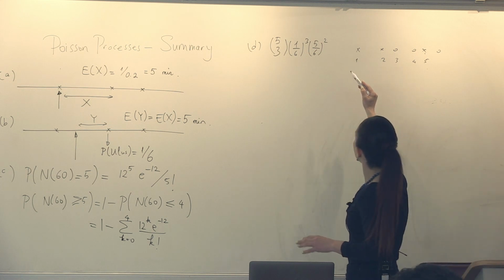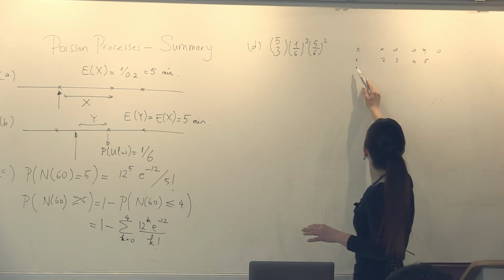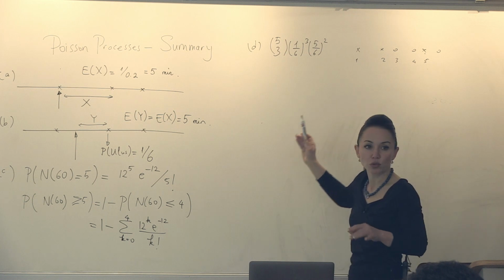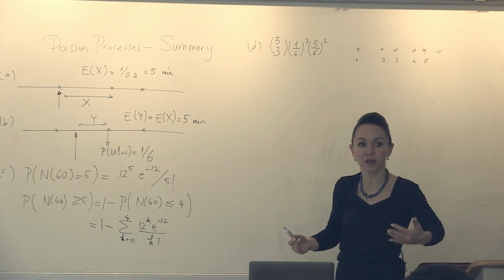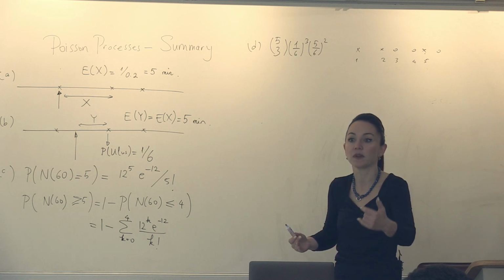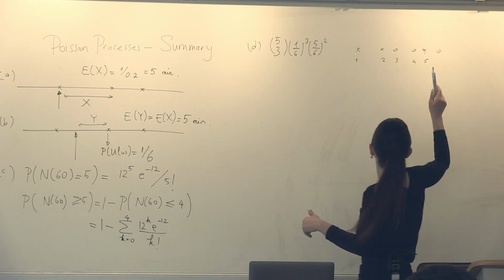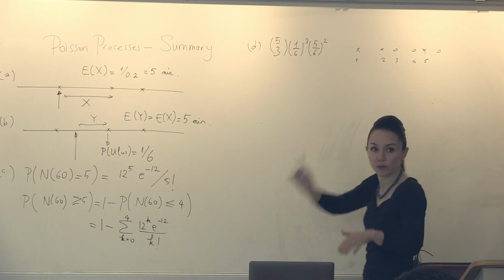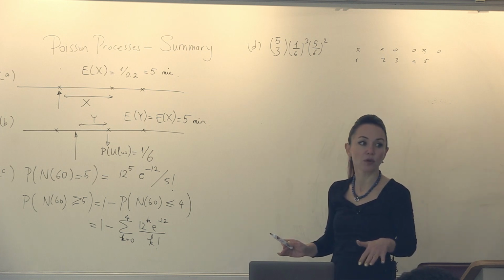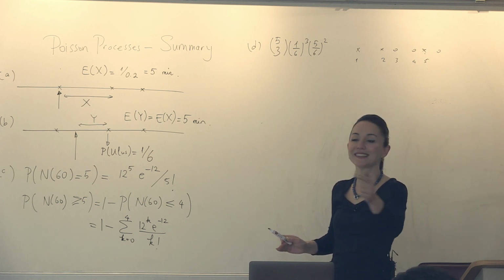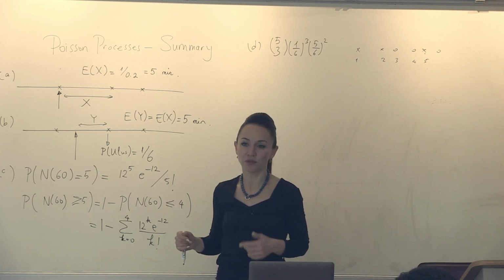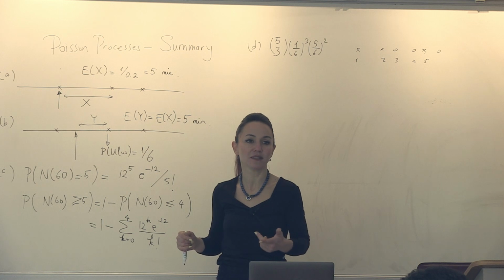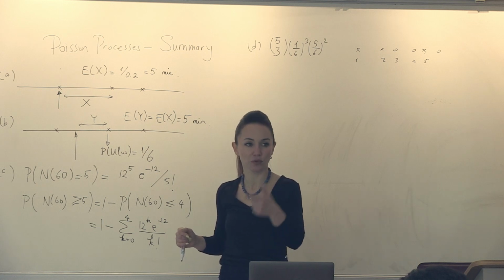So now we don't only want 3 Ulus among the first 5 buses, but we want something stronger than that. We want the last one to be Ulus. So 2 Ulus in the first 4. Exactly. Among the first 4, we want 2 to be Ulus, and then the fifth is also going to Ulus.